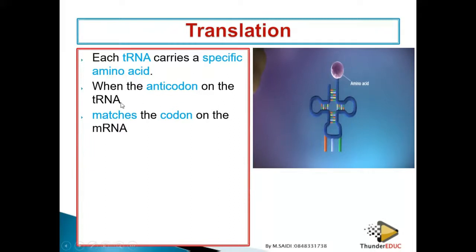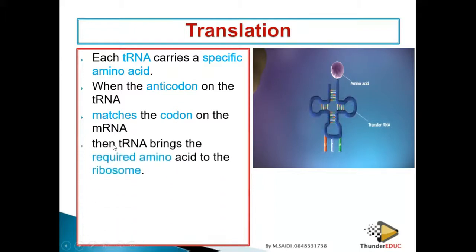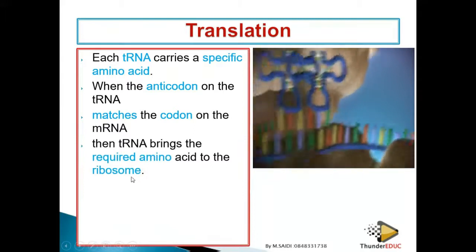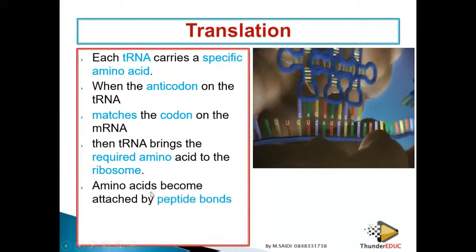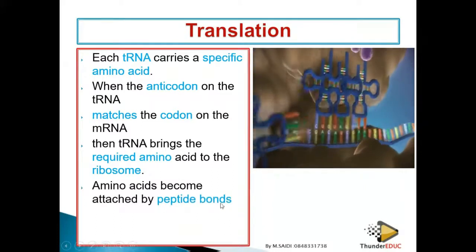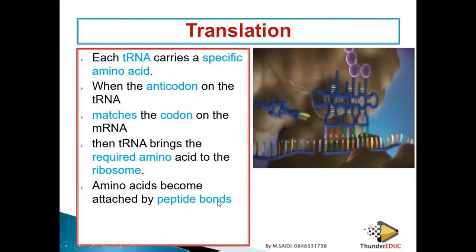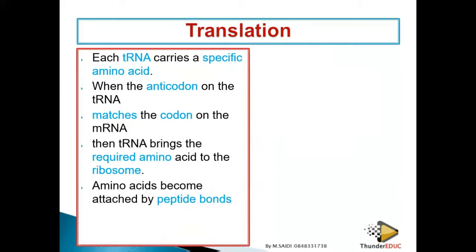When the anticodon on the transfer RNA matches the codons on the messenger, what happens? This transfer RNA will bring the required amino acid to the ribosome, and then the amino acids become attached by a peptide bond. We call it a peptide bond, not polypeptide bond. Don't say polypeptide bond, we will cross it.